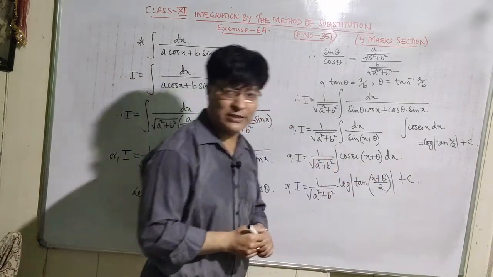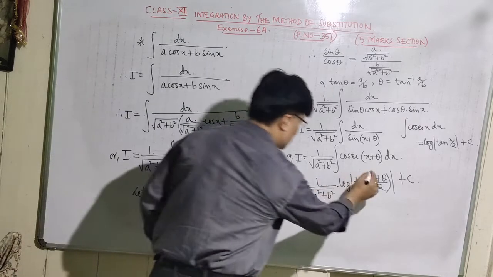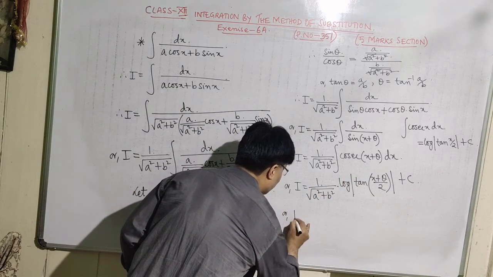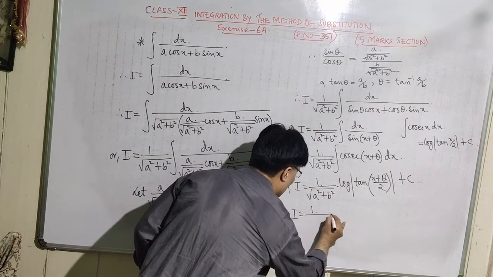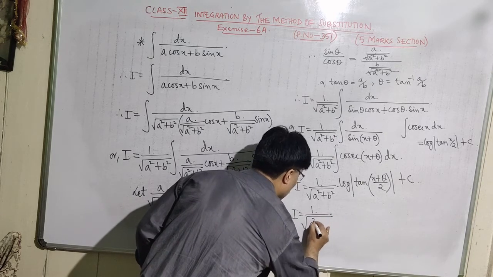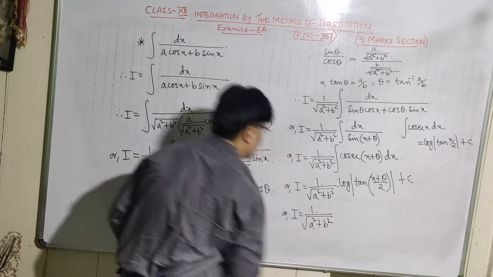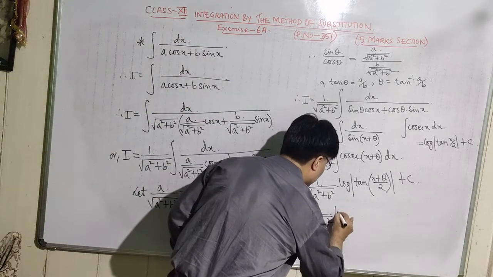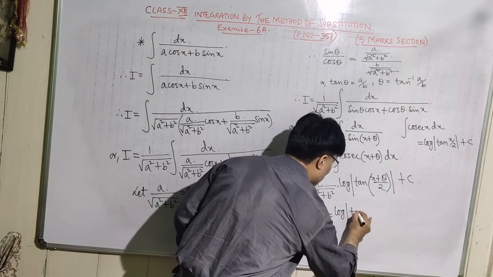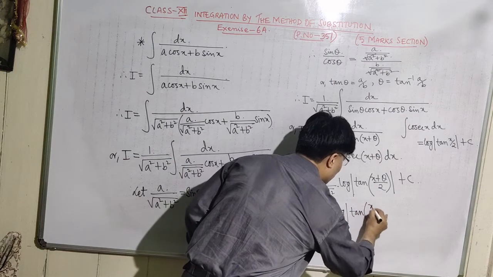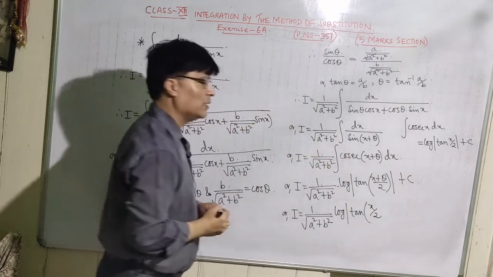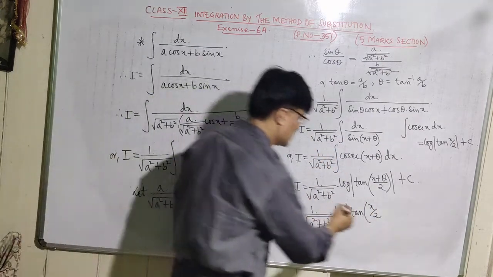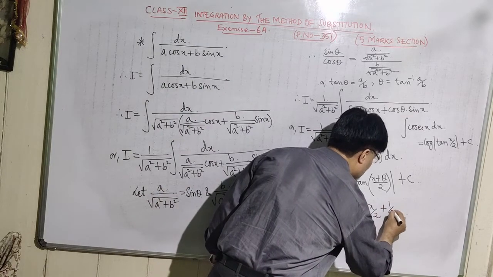Now you can put the value for theta, right? So you can separate the term and you can put the value for theta. Or I is equal to 1 upon root over a square plus b square, log within mod tan within bracket, it is separated, x upon 2 plus, it is half.